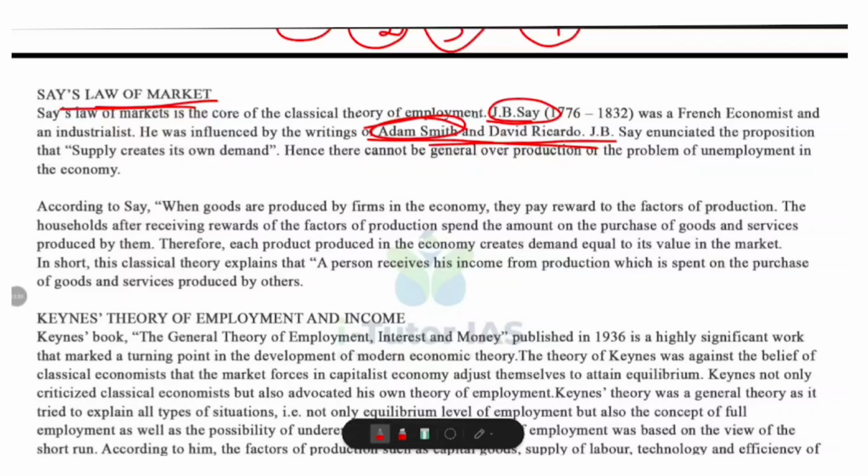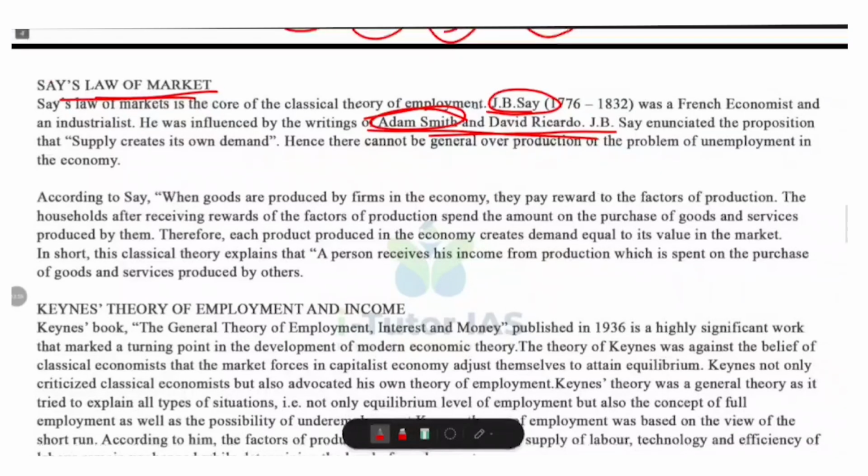Say gave a very famous statement, that is, supply creates its own demand. This means that whatever is produced in the economy will automatically create enough income to buy that output. So there cannot be a situation of general overproduction or unemployment.